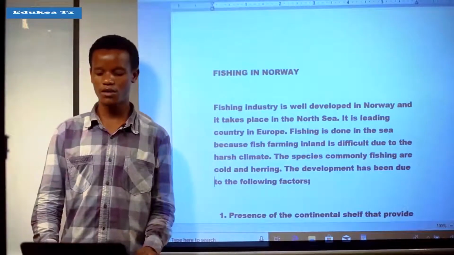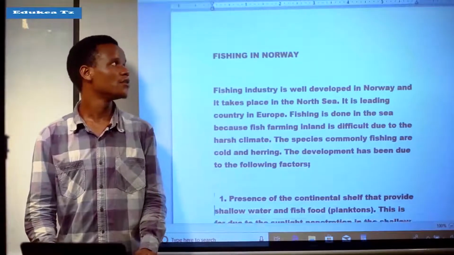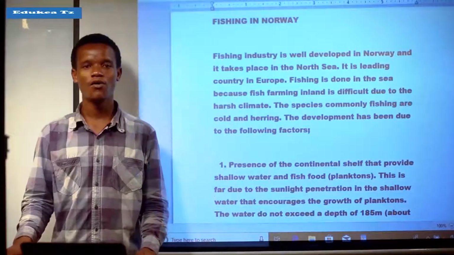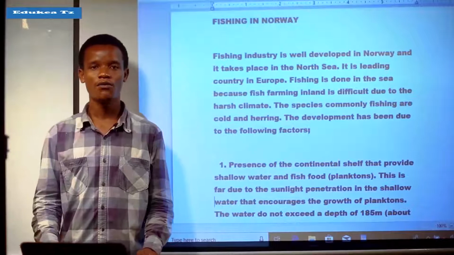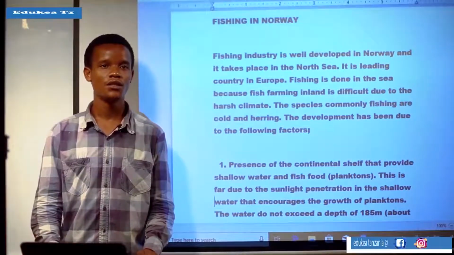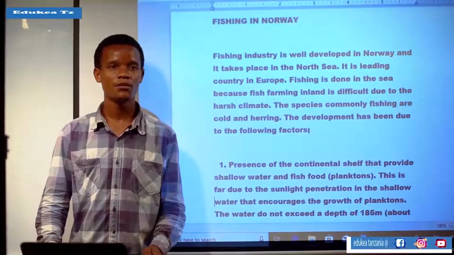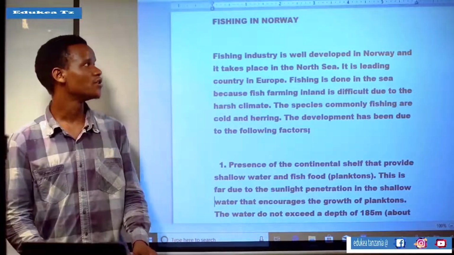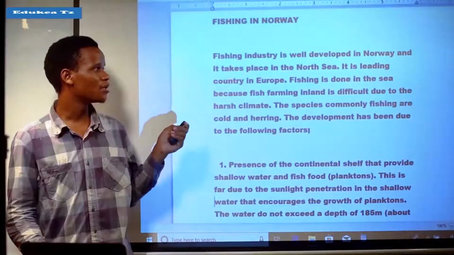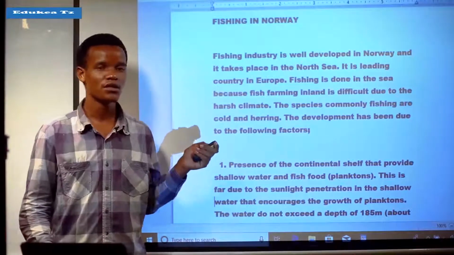Today we are going to study fishing in Norway, and Norway is acting as our case study, where we are going to see which methods and different mechanisms Norway used in fishing. The fishing industry is well developed in Norway, and it takes place in the North Sea.